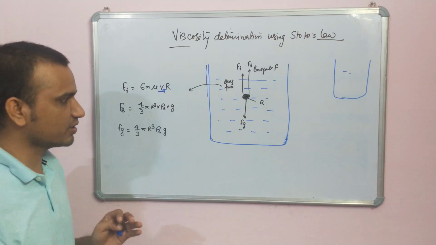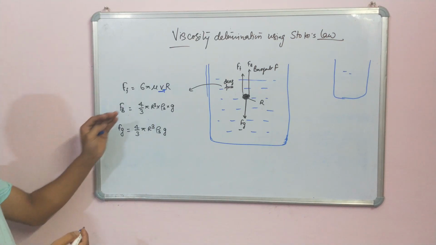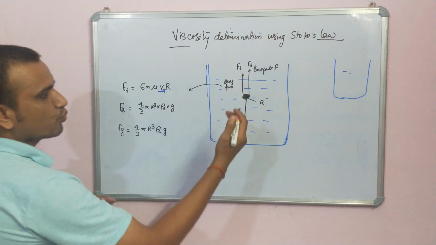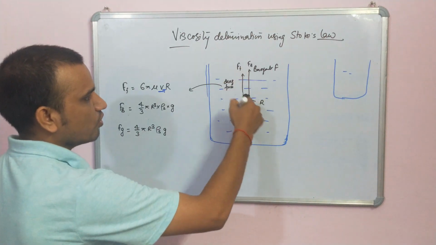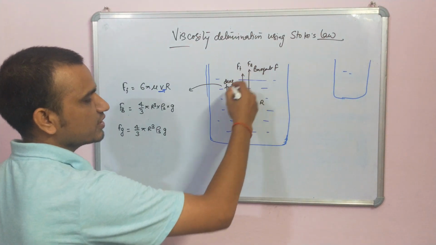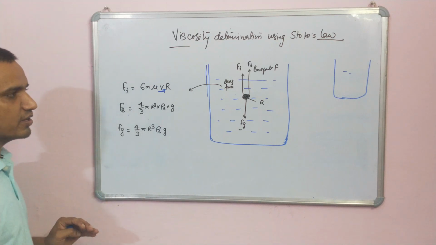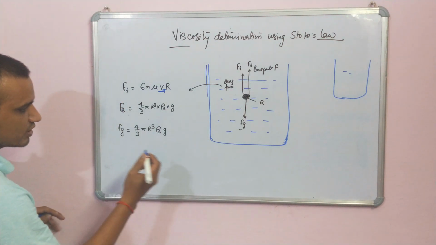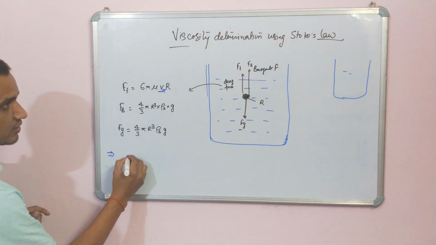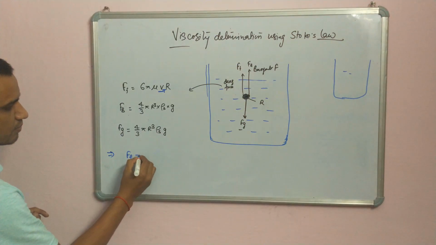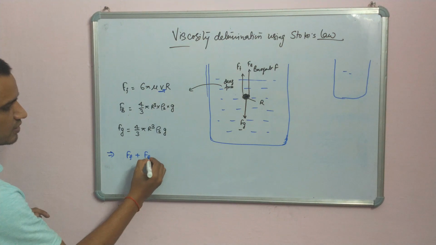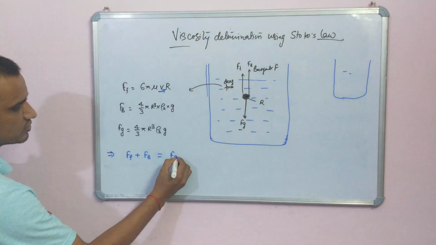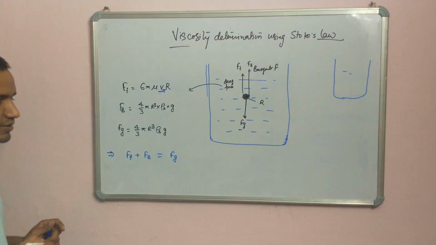At one point of time, all these forces will be considered in equilibrium, so these forces are balanced. So what is the balance equation if you write? It will be F of F plus F of B is equal to F of G, right everyone?